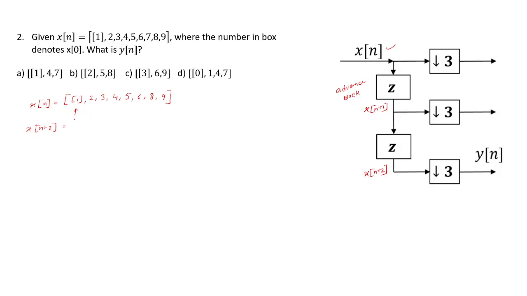Advance operation basically means shifting the sequence to the left by 2 units here, of course, because it is advance. There should be 7 here missing. So now the position of 0th index shifted here at 3.